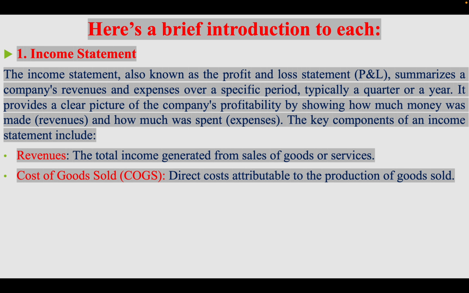Gross profit, that means revenue minus cost of goods sold, COGS. Operating expenses, cost incurred in the normal course of business such as salaries, rent, and other utilities. Net income, the final profit or loss after all revenue and expenses have been accounted for, often referred to as the bottom line.